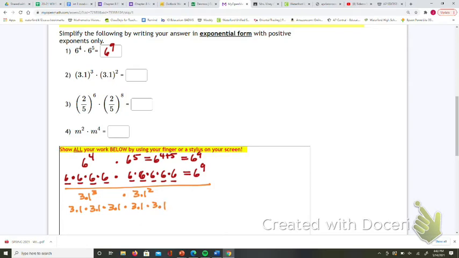Okay, now if we count them, 1, 2, 3, 4, 5. So that's 3.1 to the 5th. Now look up above, and it equals 3.1 to the 3 plus 2, which equals 3.1 to the 5th. So now we go and we type 3.1 to the 5th.